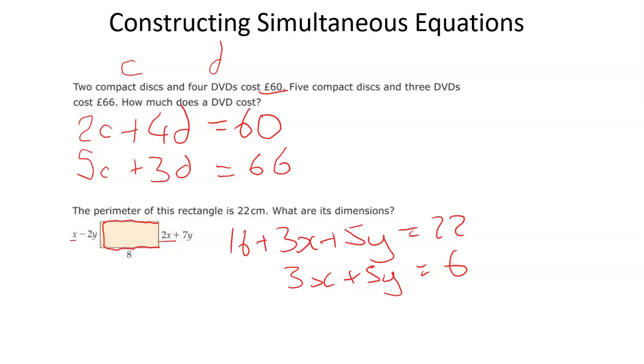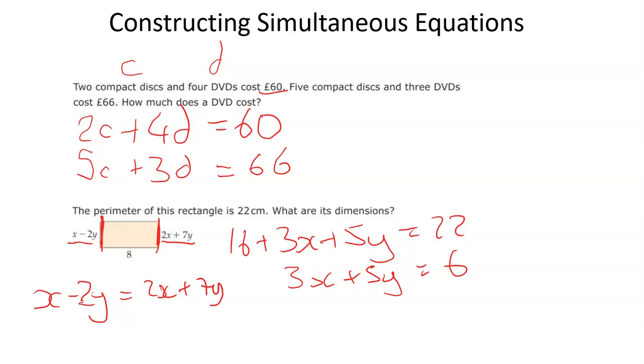So this is where we need to know something about the situation. In this case, it's a rectangle, so we know that this side here is the same length as this side here. So we can say this algebra must be the same value as this algebra. So x minus 2y equals 2x plus 7y.